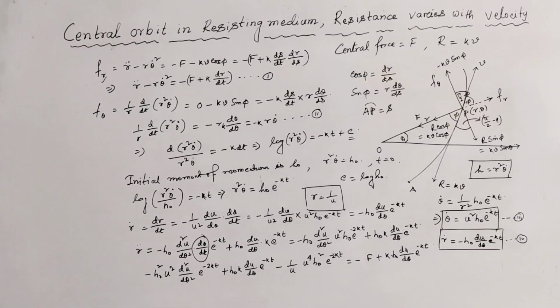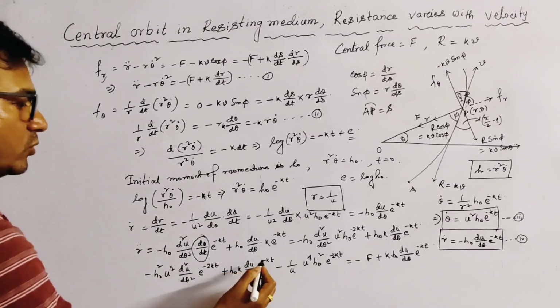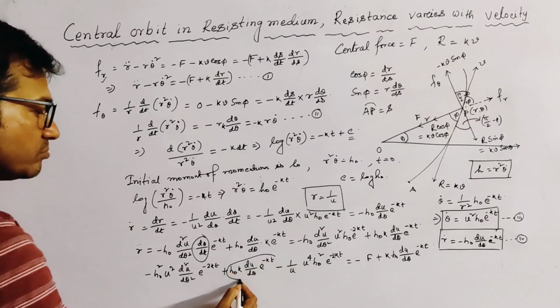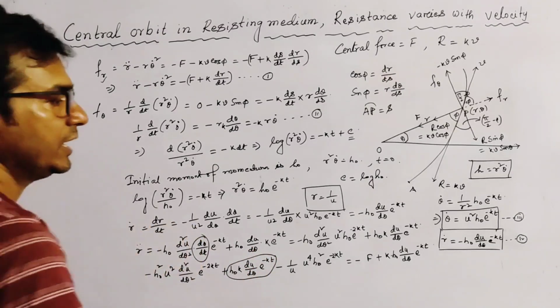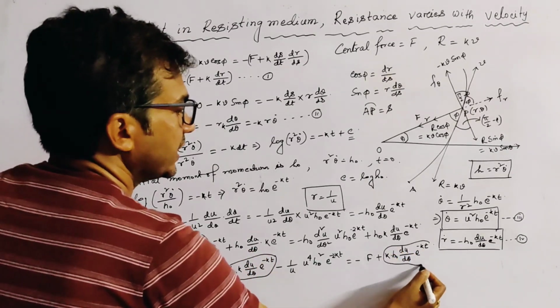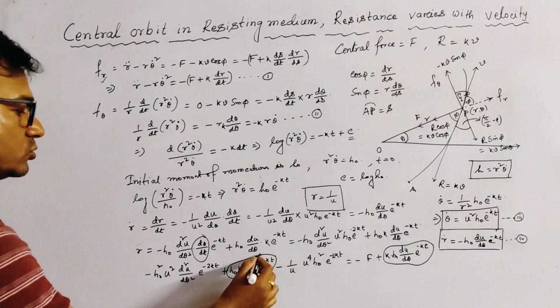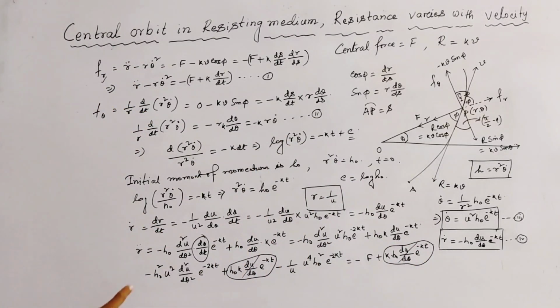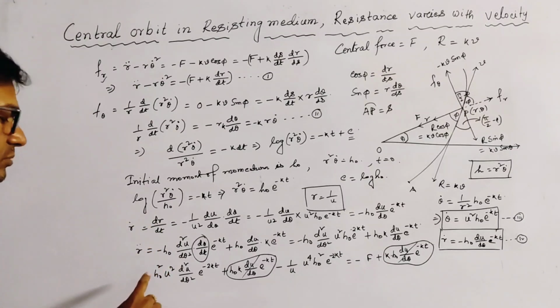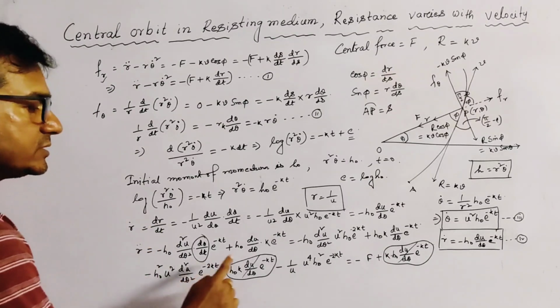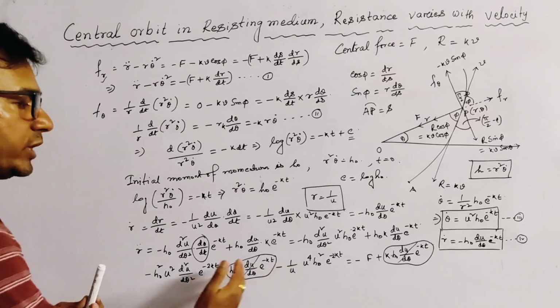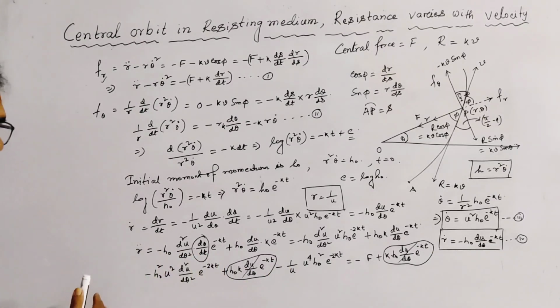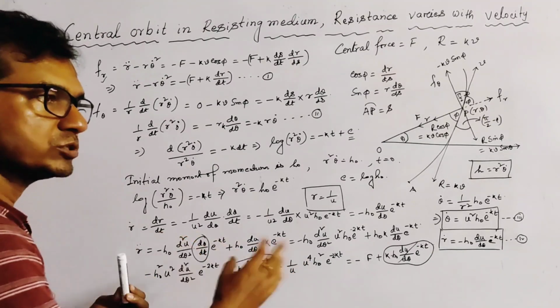We put the values of ṙ, θ̇ and r̈ in 1 and get the result, and clearly we see that this term on the left side and this term on the right side are the same, so these two terms must cancel out. In the left side terms there is a minus and there is a minus, so we take common minus and cancel it from both sides.